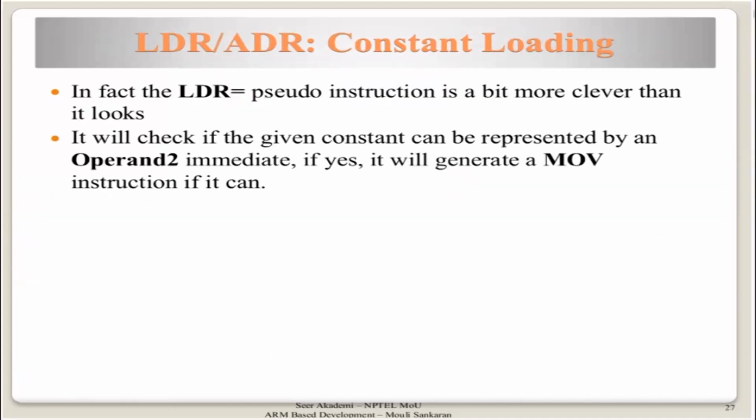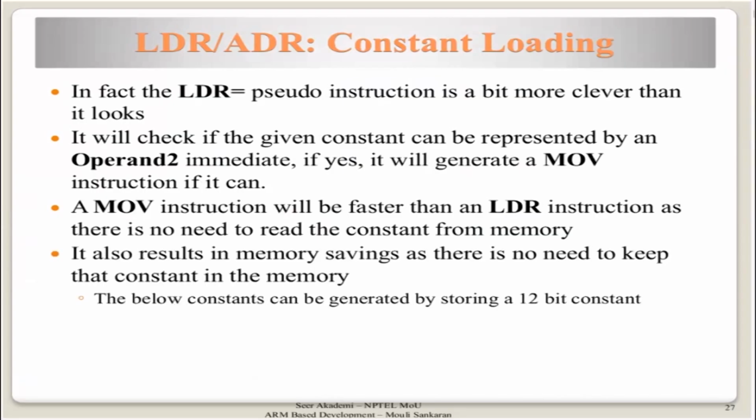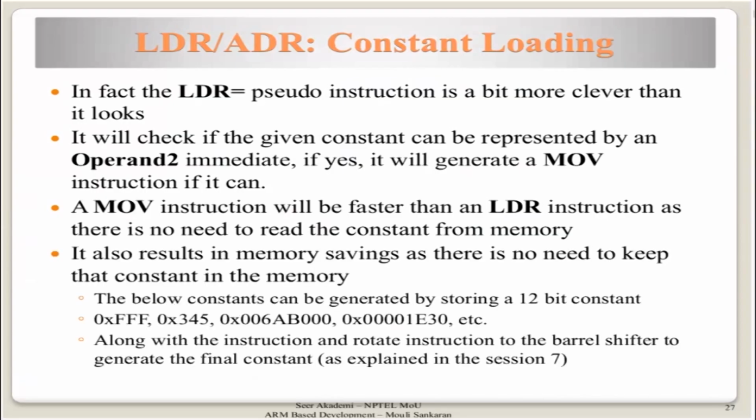So there are pseudo instructions. The assembler will check if the given constant can be represented by an operand 2 immediate. Otherwise, it will use different instructions. So a move instruction will be faster. See, the assembler is deciding what to do. It could do a move instruction or add instruction rather than a LDR instruction.